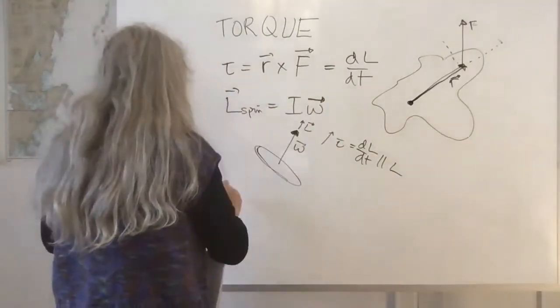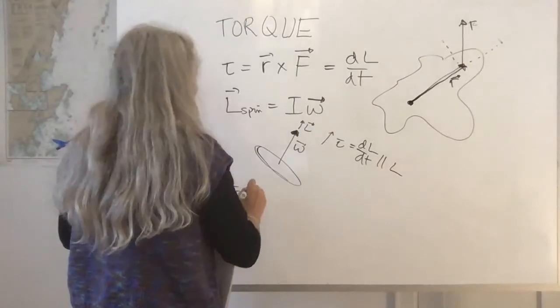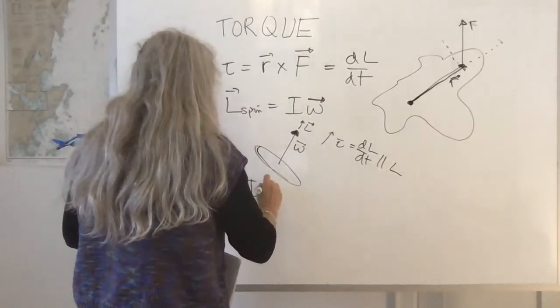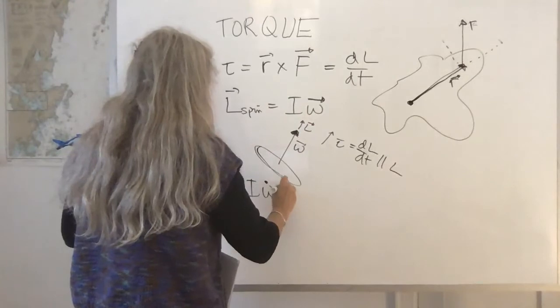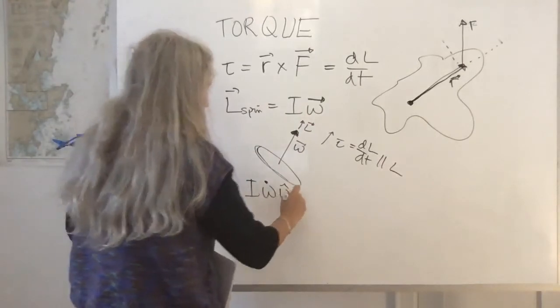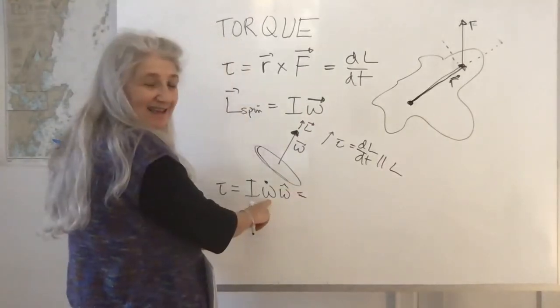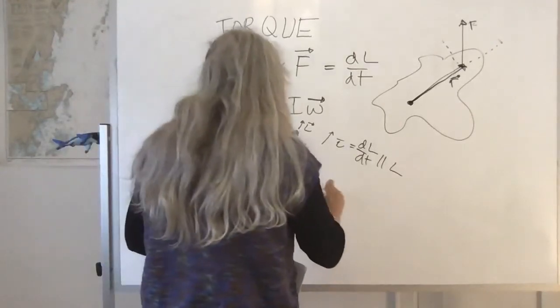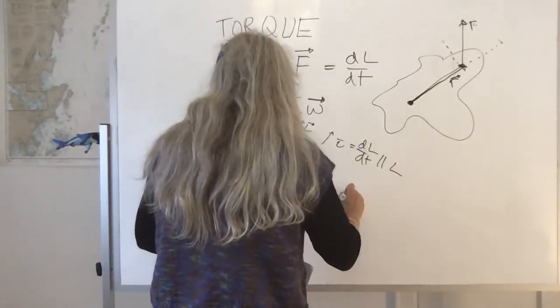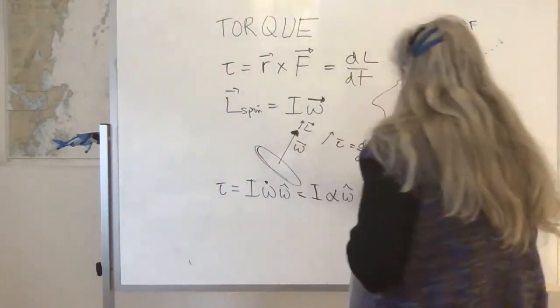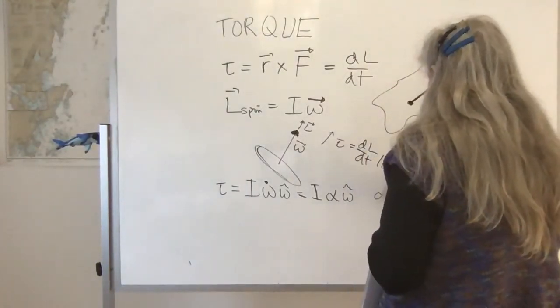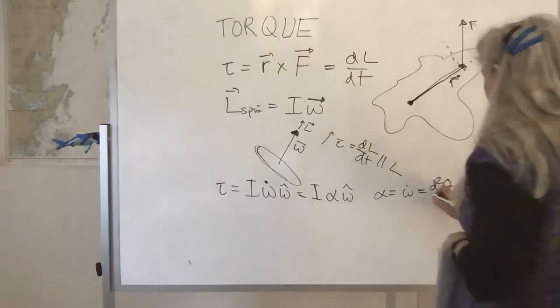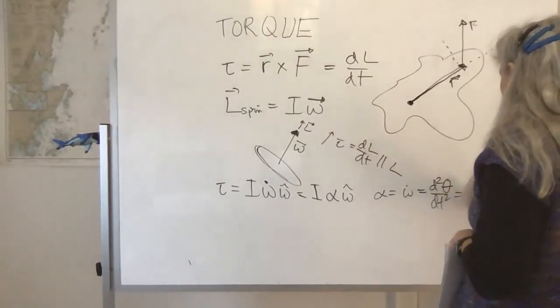So in that particular case, torque is I omega dot, in the same direction as omega. Remember, omega is d theta dt, so this is going to be alpha in the same direction, where alpha is omega dot, d squared theta dt squared.